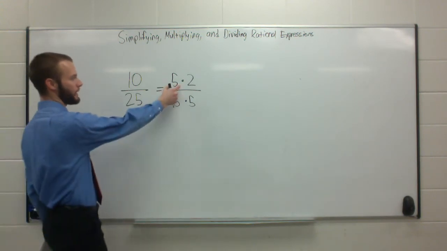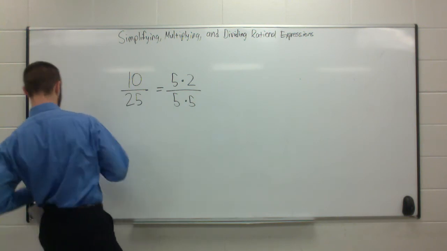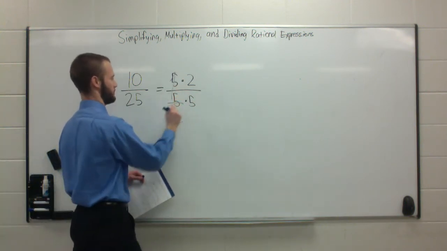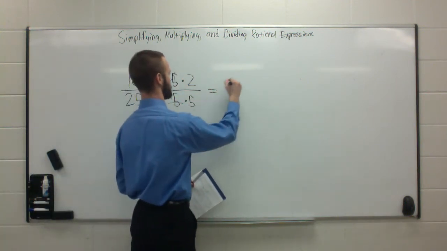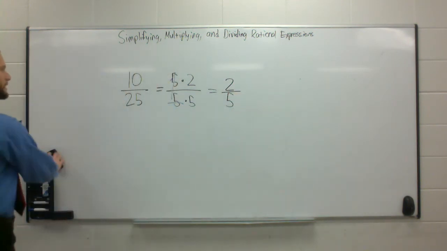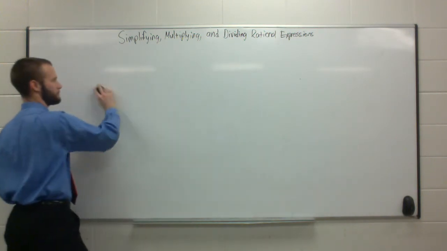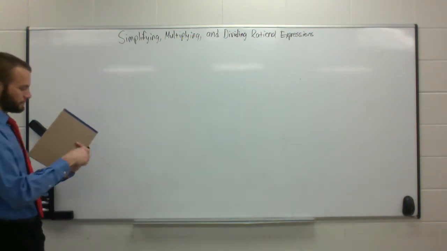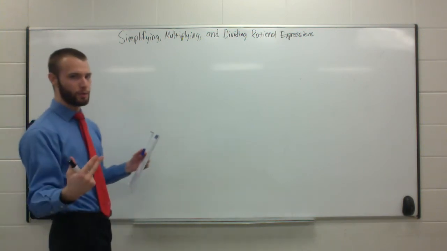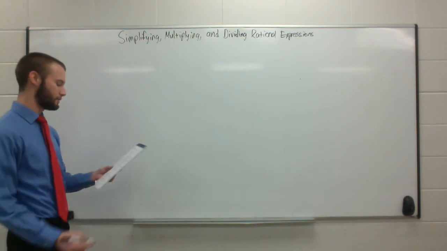Since we have 5 divided by 5, this divides to 1, so we're just left with 2 over 5. We can use the same concept to simplify rational expressions by factoring the numerator and the denominator and then dividing any common factors out to 1.